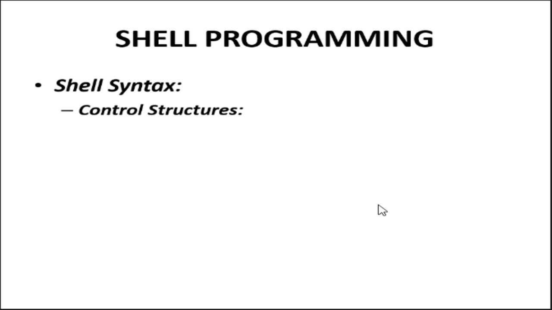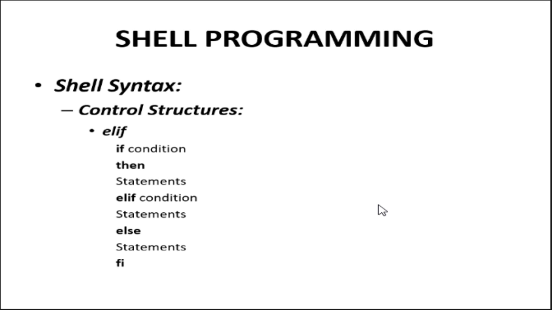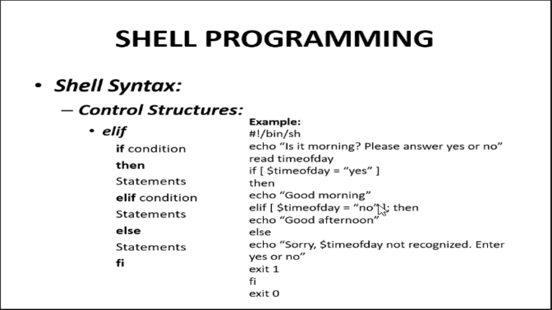Now I will discuss elif. The syntax of elif is shown on the screen, and in the example I have modified the if condition by adding an elif condition, where the if condition is compared with the string yes, and in the elif the variable is compared with the string no, and if these two conditions are not satisfied, the else block will be executed.